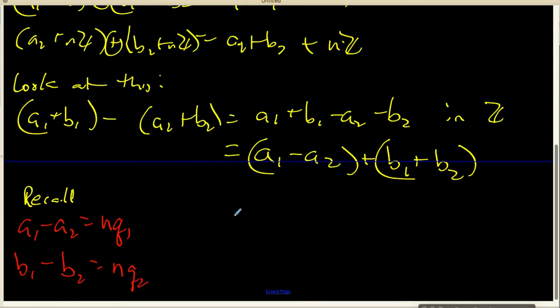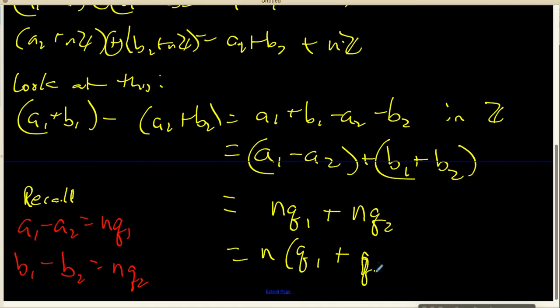And using those facts, we can then say that what we've got is n·q1 + n·q2, which is, of course, n(q1 + q2). And that is a multiple of n, so it belongs to nZ.